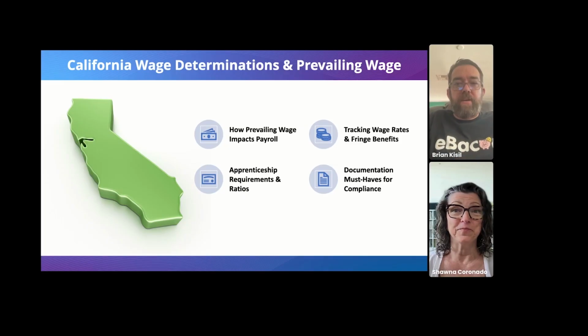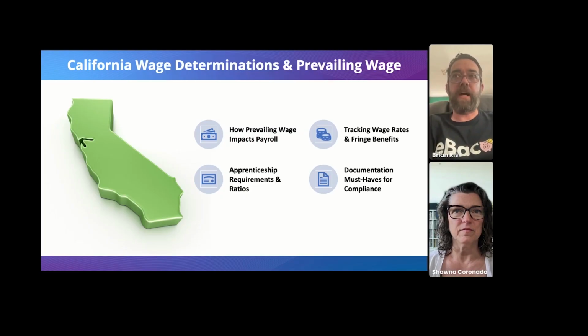California wage determinations and prevailing wage. Yeah, we saw that was kind of a big ticket item on that last poll that we did. So the California wage determinations, as everyone knows, you've got your double asterisk or your single asterisk determinations. So you want to make sure that you are always paying the appropriate rate. The wage determination does stay in force for the life of the project based on the advertised date of the job.